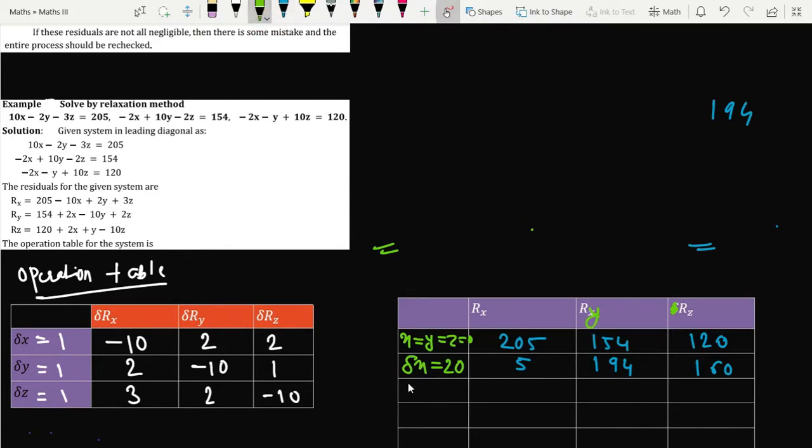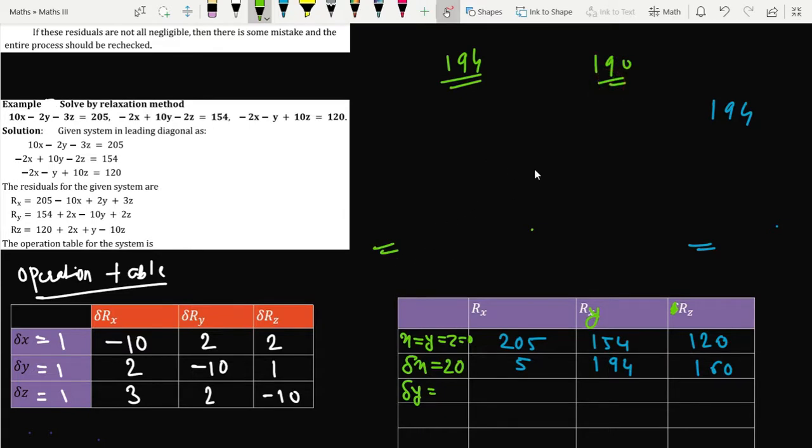So we have to change the y variable. Means we have to use delta y. Okay. So for delta y, we use delta y and Ry. So again the number is minus 10, and here the number is 194. So the number which is very close to 194 is 190.